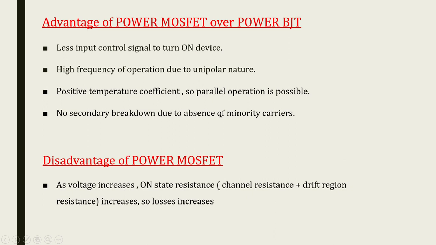In BJT, a high input current signal is required to turn on the device, while here a lower voltage is required at the gate terminal. That is one major advantage. Another is high frequency of operation due to unipolar nature.